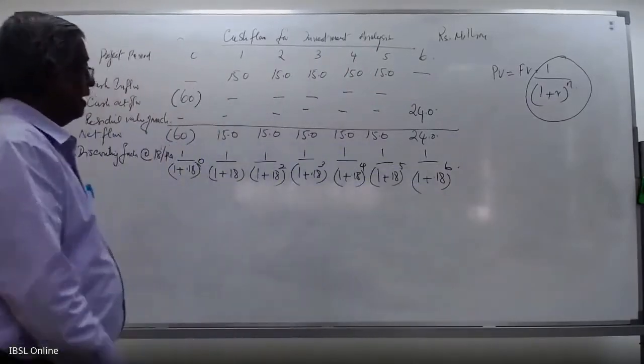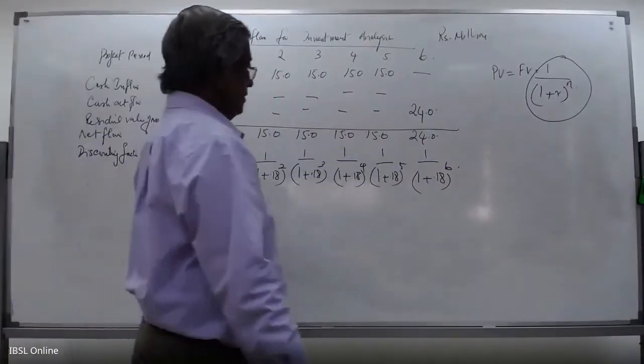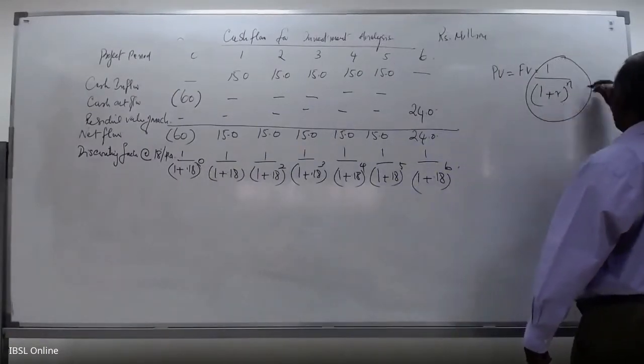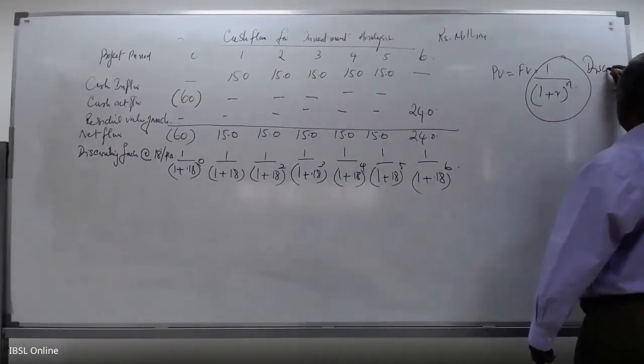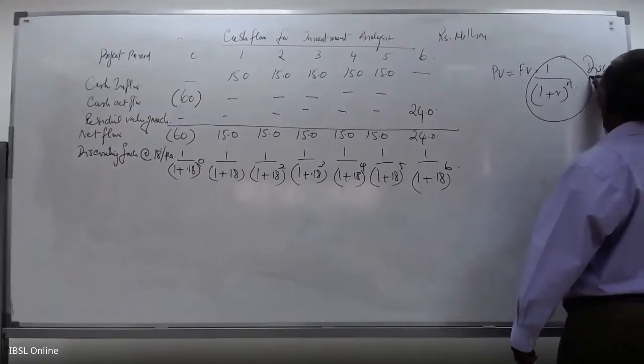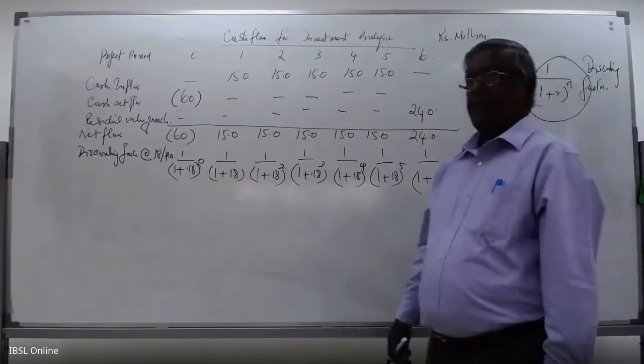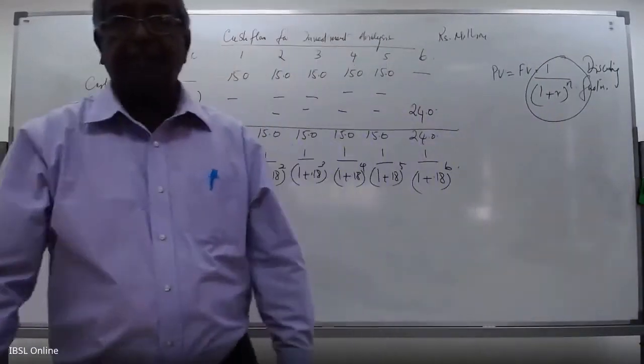This is the discounting factor. At 18% discounting rate, this is the discounting factor. First we have to calculate the discounting factor.